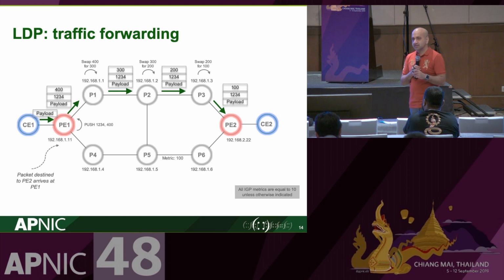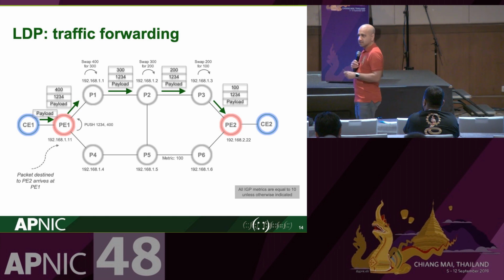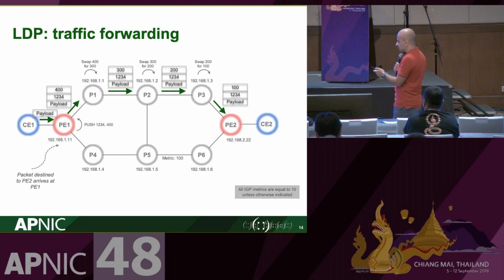Now here is the interesting thing. What we've done is we've managed to get the packet to PE2, because that's the destination for it. The label that was put on the packet by P1, 400, designated PE2. So the packet gets to PE2, and PE2 has to work out what to do with it. It pops the label 100. What's left?